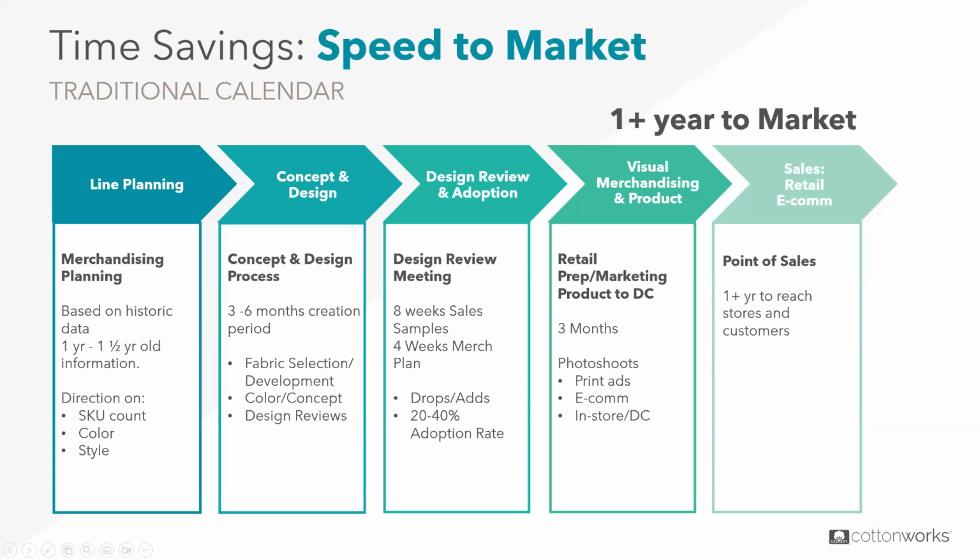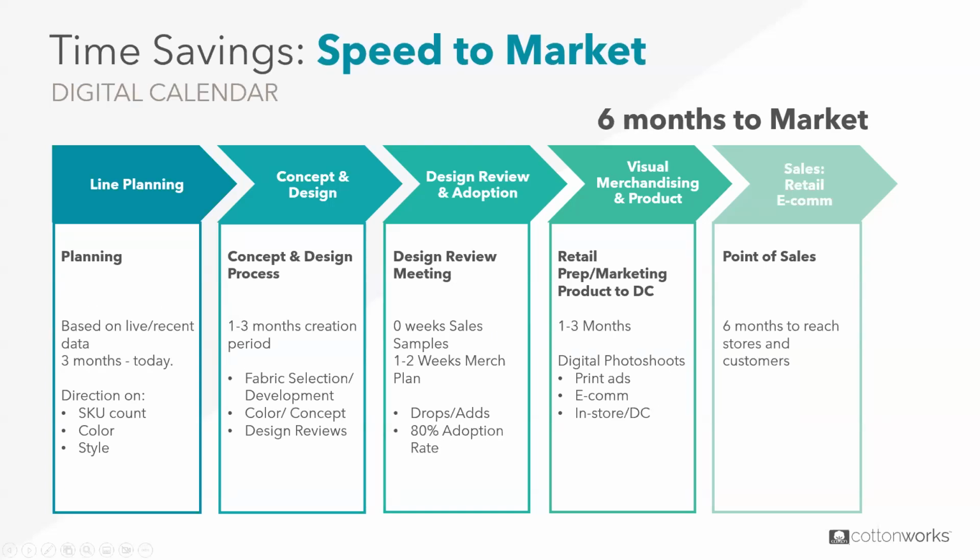So these longer lead times for sampling and design processes that are reliant on swatching and flat sketches can result in low adoption rates, sometimes as low as 20 to 40%. And ultimately, the styles that are hitting the stores a year later may not then match what customers want to buy.